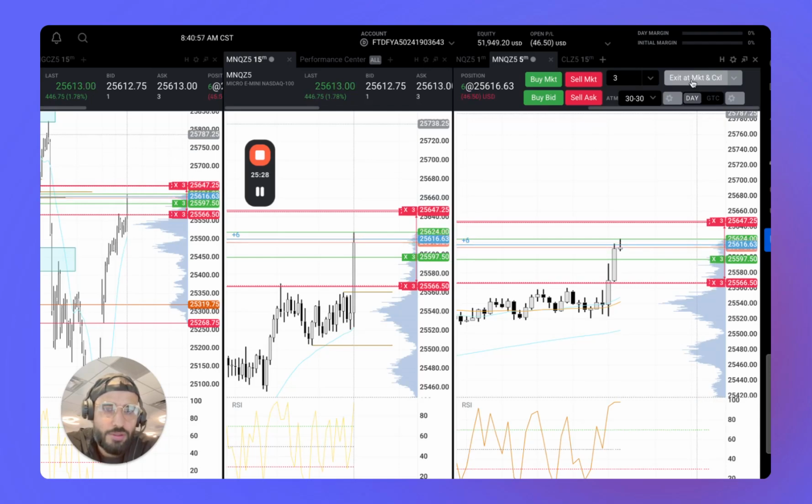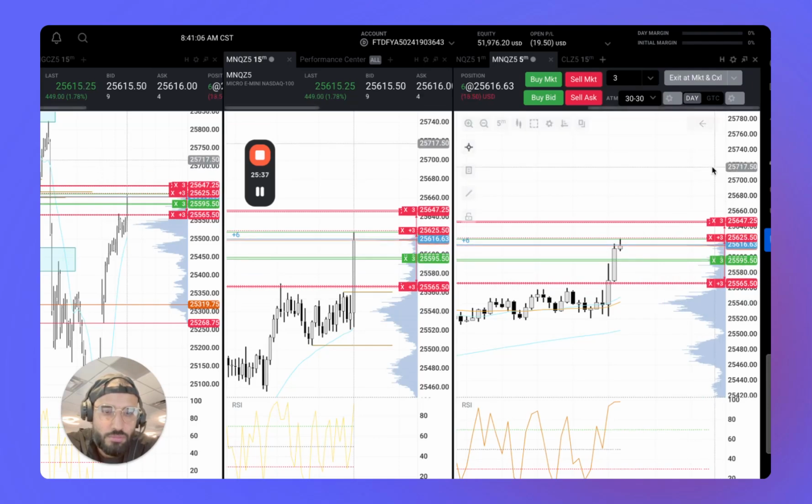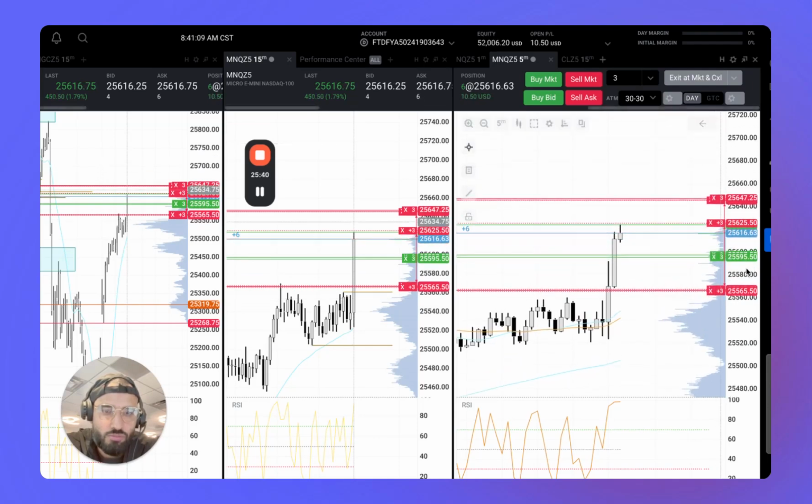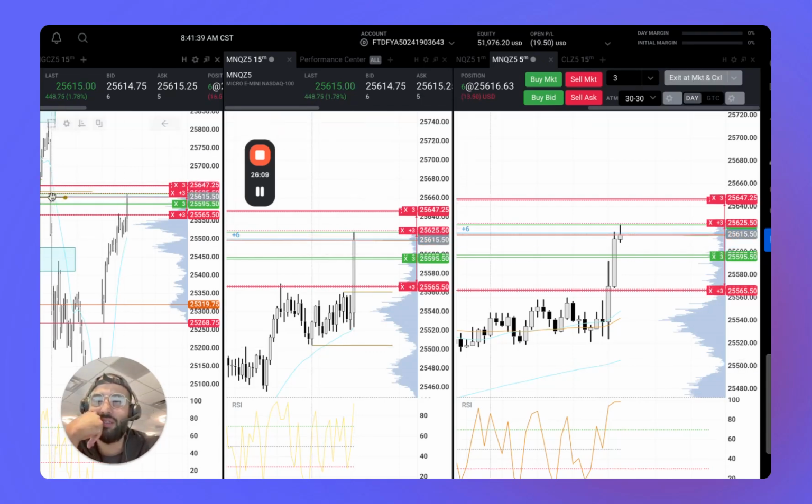So still 5 minutes until this candle closes. So I think I might get out on this candle here. Come on, give me another push. Because we are right at this resistance.